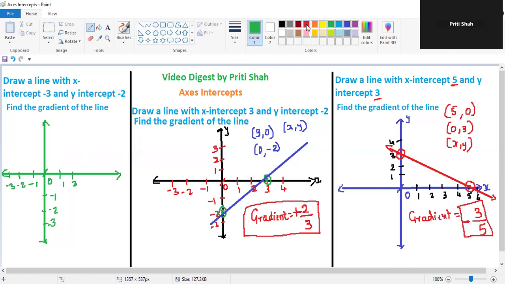And now we draw the line. We first point it. Let's see the points first. The points are negative 3 on the x, which is over here, and negative 2 on the y, which is over here. Let's join the dots with a line.